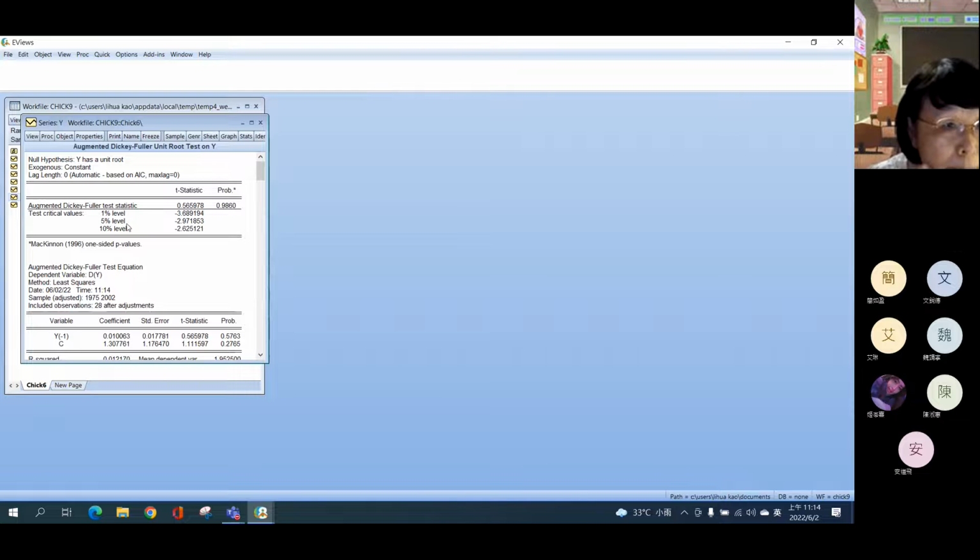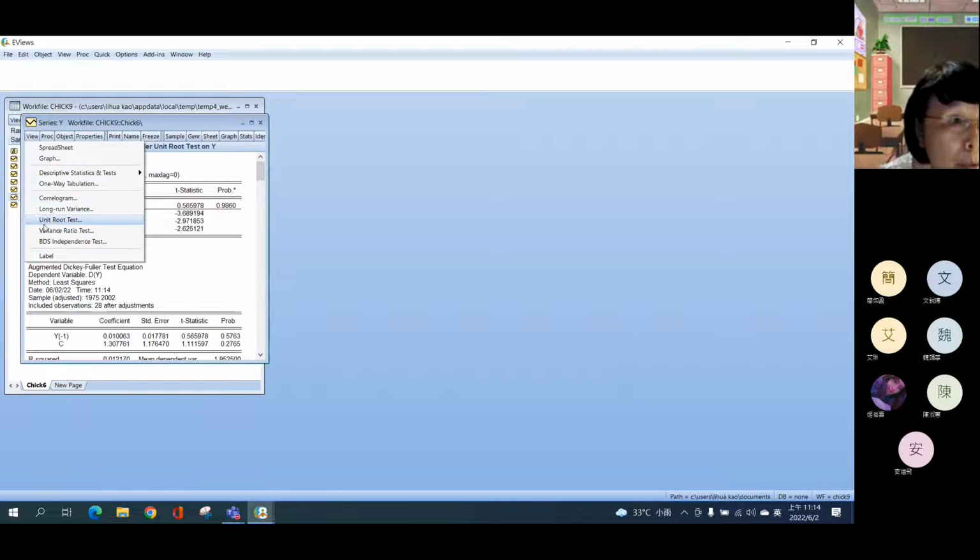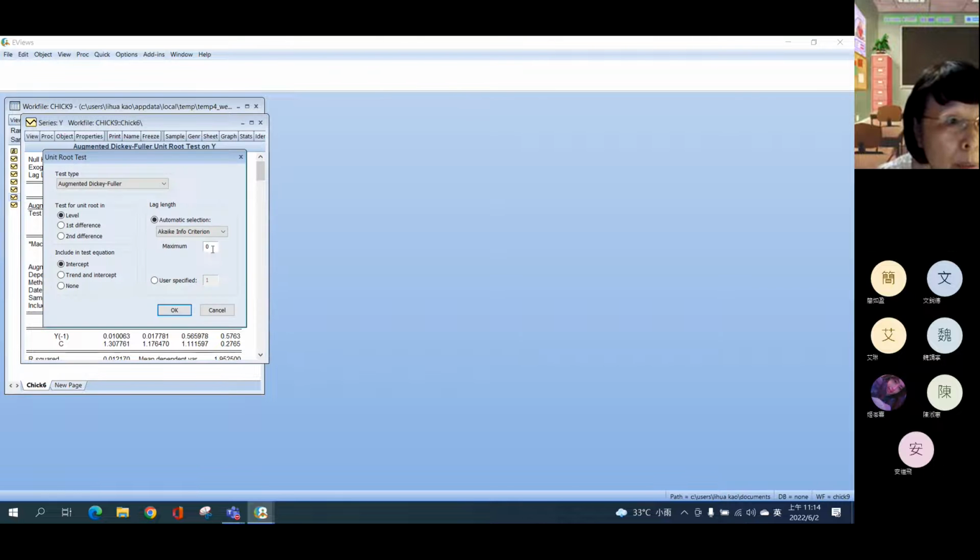Remember this critical value and write it down so you won't forget: negative 2.971853 with no lags.